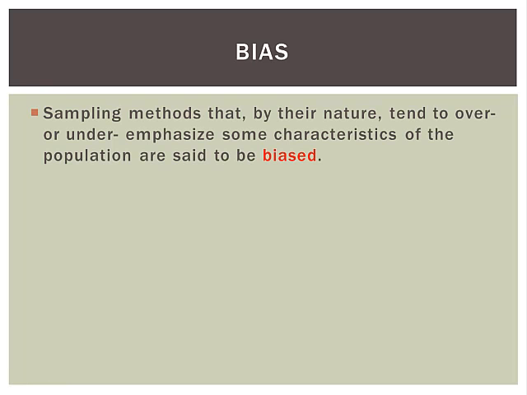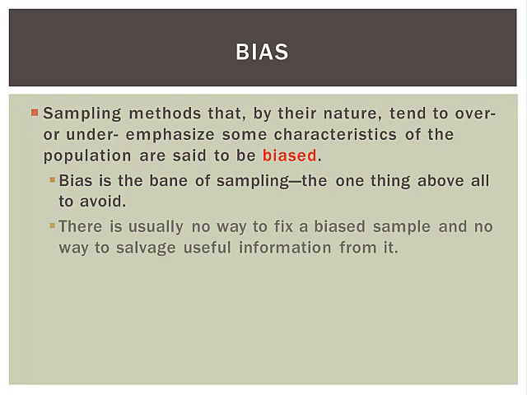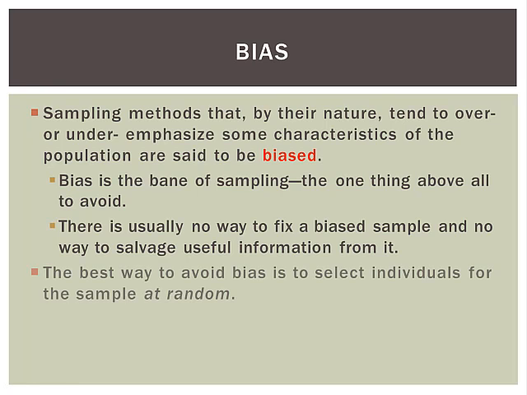So, bias. Sampling methods that by their nature tend to over- or underemphasize some characteristics of the population are said to be biased, as we saw in the last example I mentioned. It's the bane of sampling. One thing above all to avoid is sampling bias. And there's usually no way to fix a biased sample. Once you've taken it, really there's no way to salvage anything useful from it.